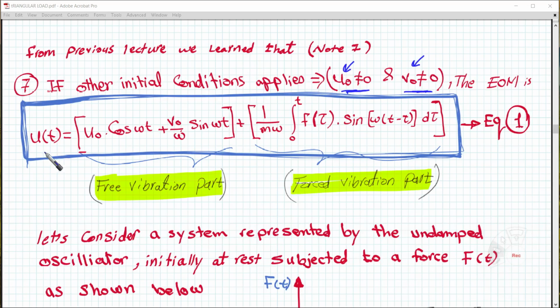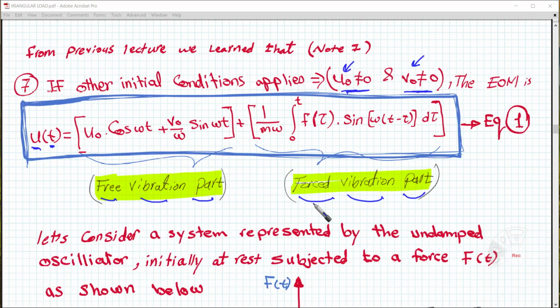So the response here, u of t, meaning the dynamic response at any time t, equals two parts. The first part is the free vibration part, and the second is the forced vibration part.